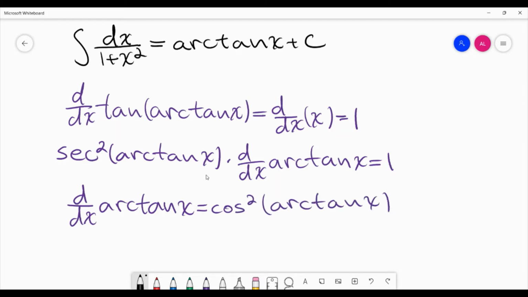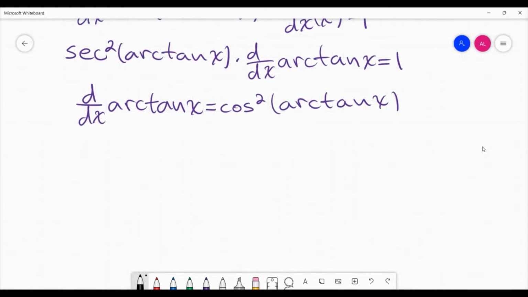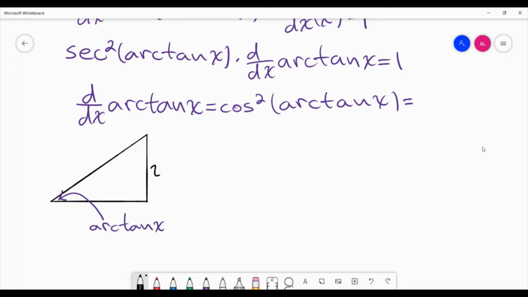And now we can draw a little triangle to see how this looks. If this angle right here is the arctangent of x, remember, the arctangent of x refers to an angle, then this side must be x and this must be 1. Then the tangent of this angle would actually lead to x. And then this hypotenuse right here, by the Pythagorean theorem, is the square root of 1 plus x squared.